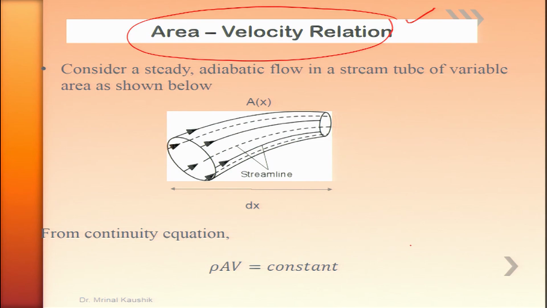Please note, the flow taking place inside this stream tube is surrounded by a bunch of streamlines, and hence it is called a stream tube. Due to the property of streamlines, no flow can move in this direction.